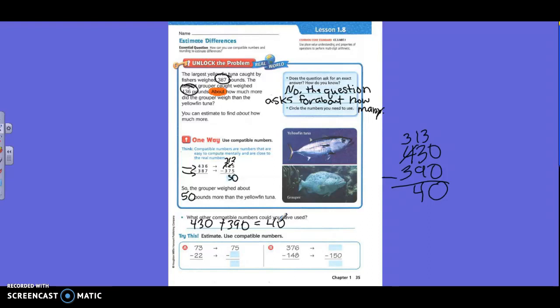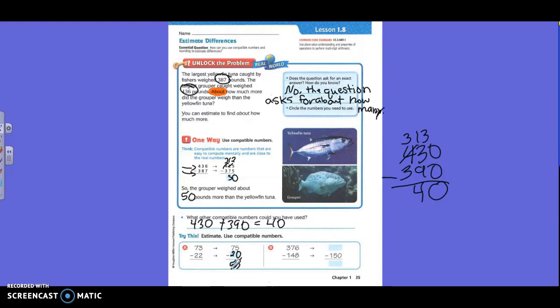Okay, 20. All right, 5 minus 0 is? 5. 7 minus 2 is? 5. Okay, so 55. Is that close to 50? Yes. Just 5 up.